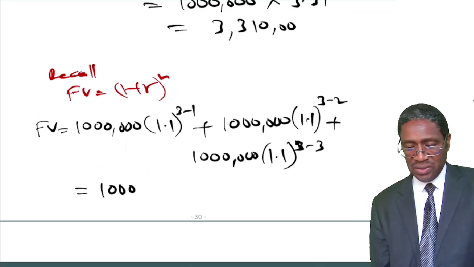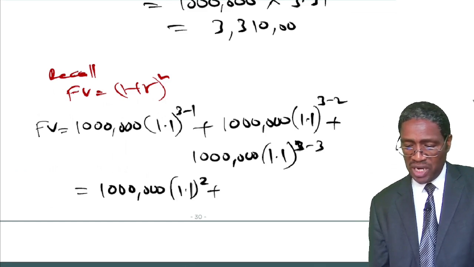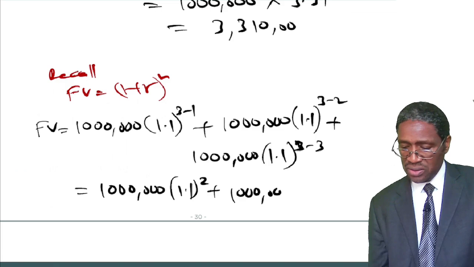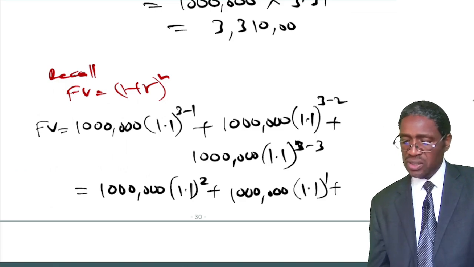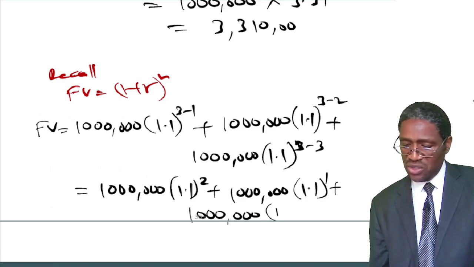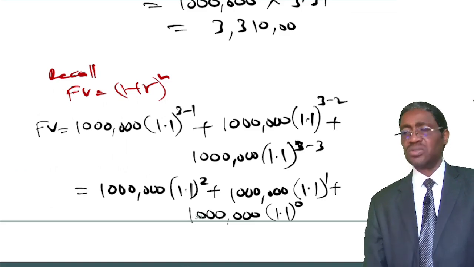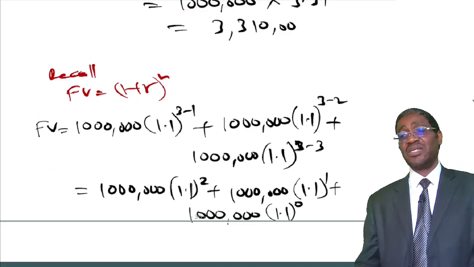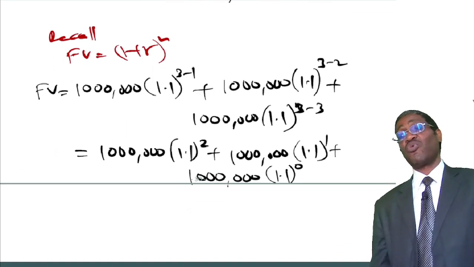This will automatically be 1 million into 1.1 to the power of 2 plus 1 million into 1.1 to the power of 1 plus 1 million into 1.1 to the power of 0, 3 minus 3 is 0, which is of course 1.